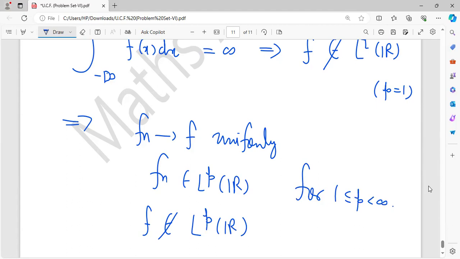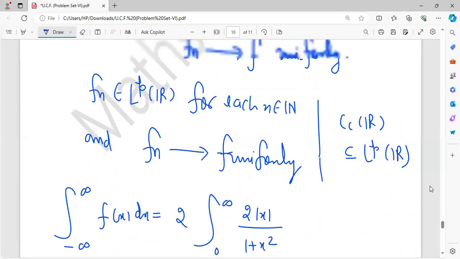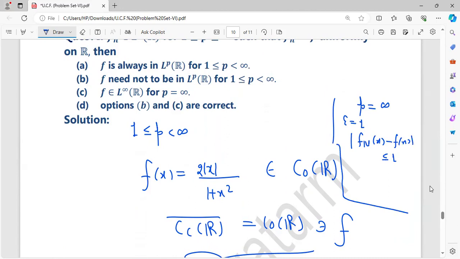Now if we are taking the case p equal to infinity separately, then what will happen? After you take epsilon equal to 1, you will find |fn(x) minus f(x)| less than or equal to 1 for some capital N belonging to N. Now fn belongs to L infinity, and this implies fn minus f belongs to L infinity.